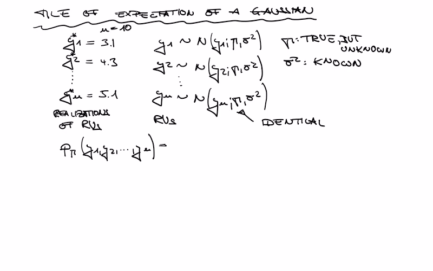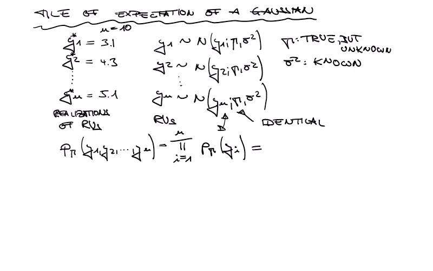like previously. So we write it as the product of these n individual densities, or probability distributions, and these individual probability densities we of course have specified here.